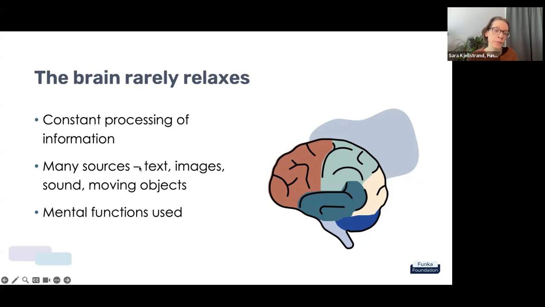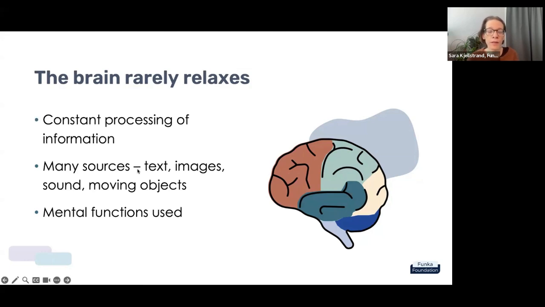And all the time, the brain is taking in all of this information and deciding what to do with it, and if something needs to be done. In this processing of information, we're using different mental functions, such as concentration, focus, paying attention, but also memory and communication skills.